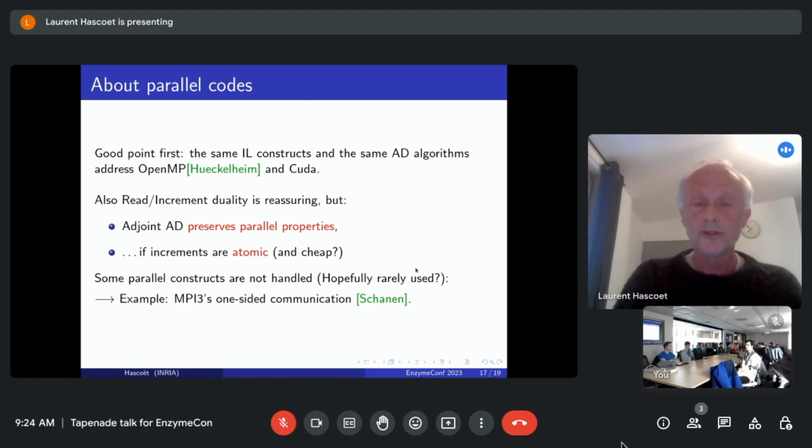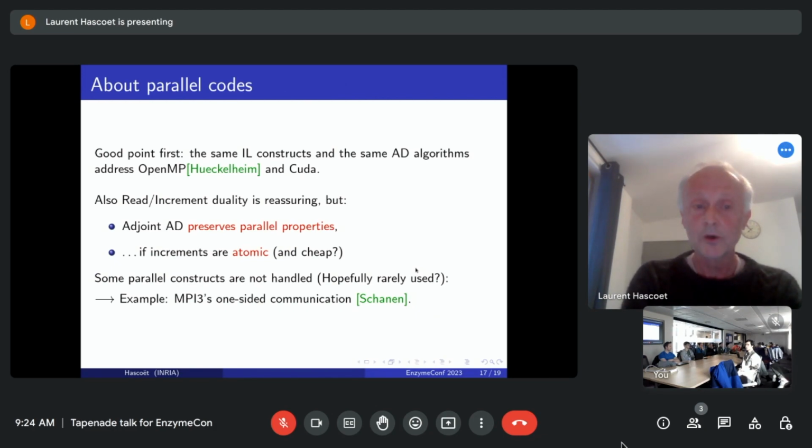About parallel codes, there are also a few limitations. The good point to begin with is that we can work on OpenMP, MPI, and CUDA using the same primitives inside the IL, which is good. There is this notion that adjoint turns reads into increments and vice versa, which is a nice duality.